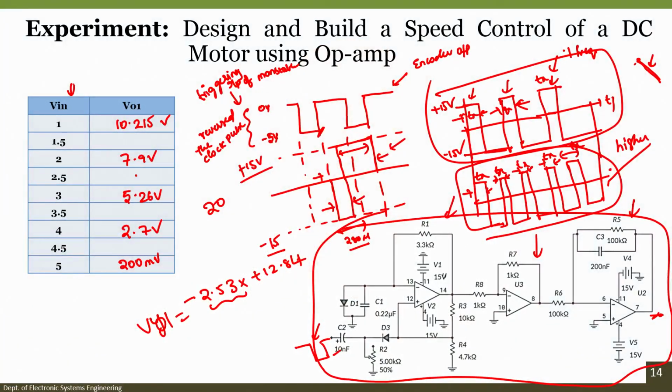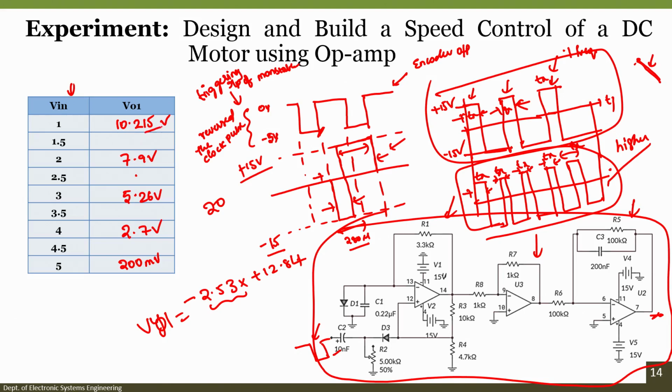When we looked into the simulation and our analysis, we understood that when we provide an input voltage of 1 volt to the motor, the integrator output we got is somewhere around 10.215.